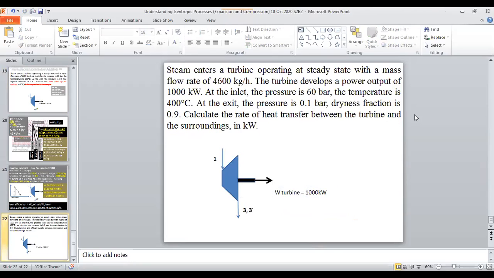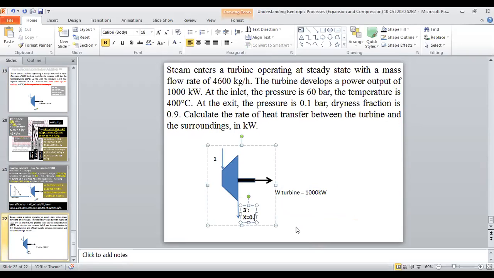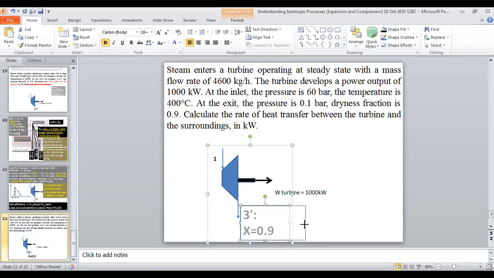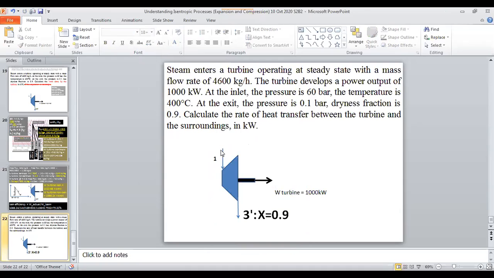Your dryness fraction X is 0.9. At state 3 dash, X is 0.9.